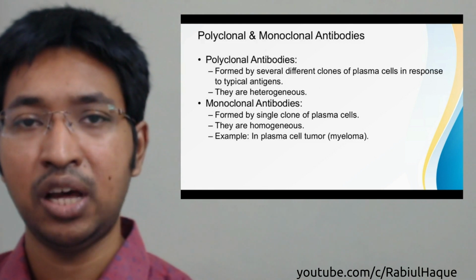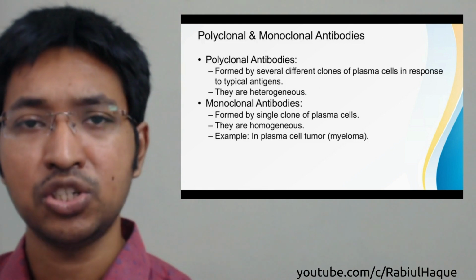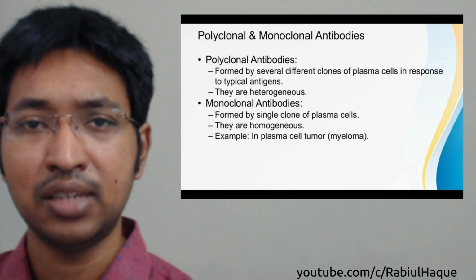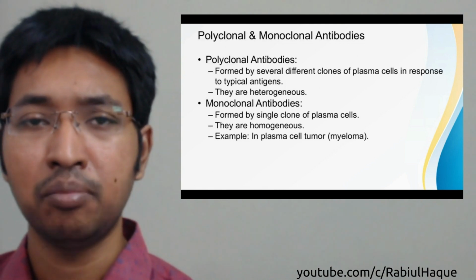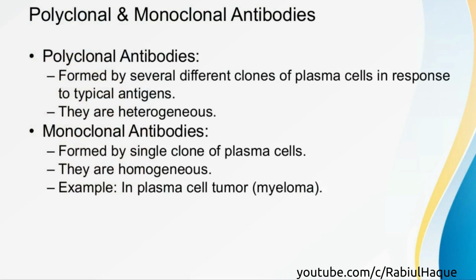So now that we have talked about the various functions of antibodies, let's move on and talk about polyclonal and monoclonal antibodies. So what do we mean by polyclonal antibodies? These are formed by several different clones of plasma cells in response to typical antigens.